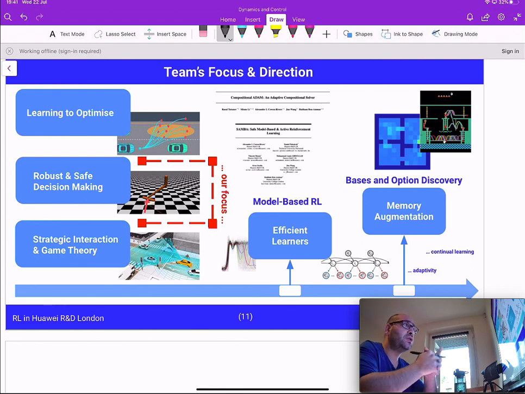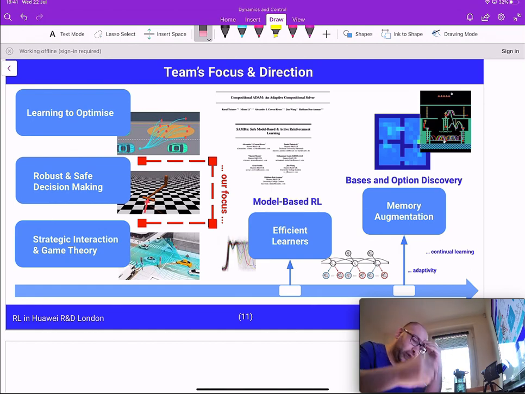We're also trying to do robust and safe decision making. One of the talks today is going to be about robustness. And SAMBA is another work we put out that I will maybe talk about in the future. Then we also have a multi-agent component to our work, and there's a dedicated sub-team doing that. We're also looking into model-based RL a lot.